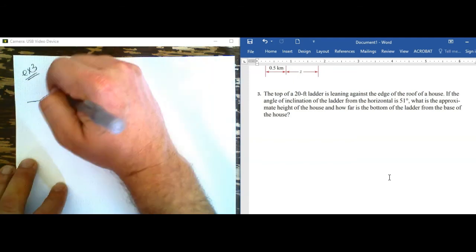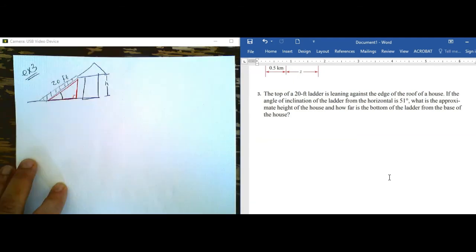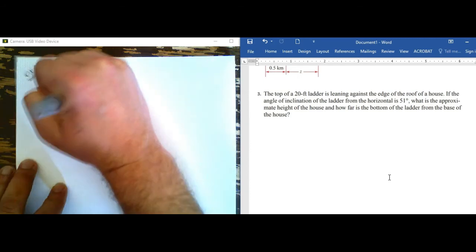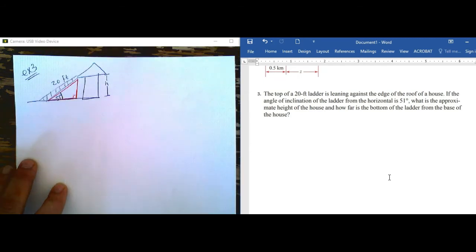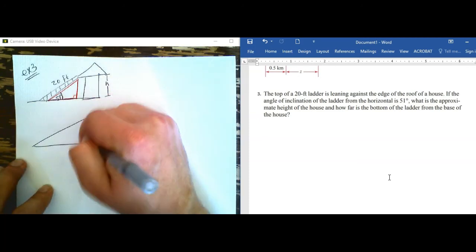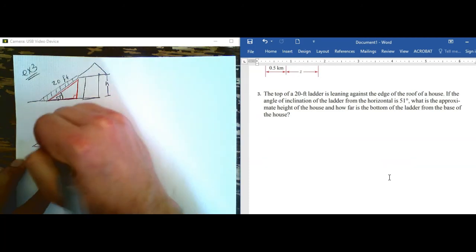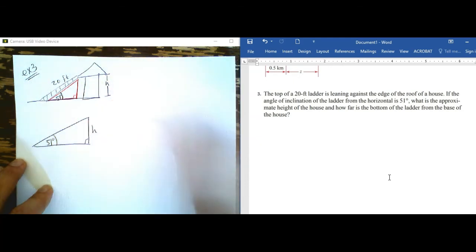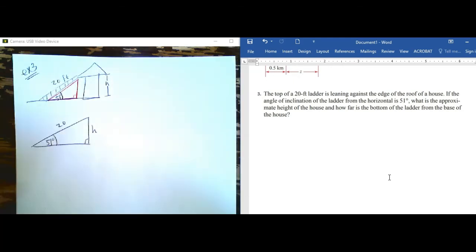So it's this angle right here is our angle of inclination, which is 51 degrees. Okay. So if we draw our triangle without all the bells and whistles, we have this right triangle, we have our angle of 51 degrees, h is here, 20 is there.